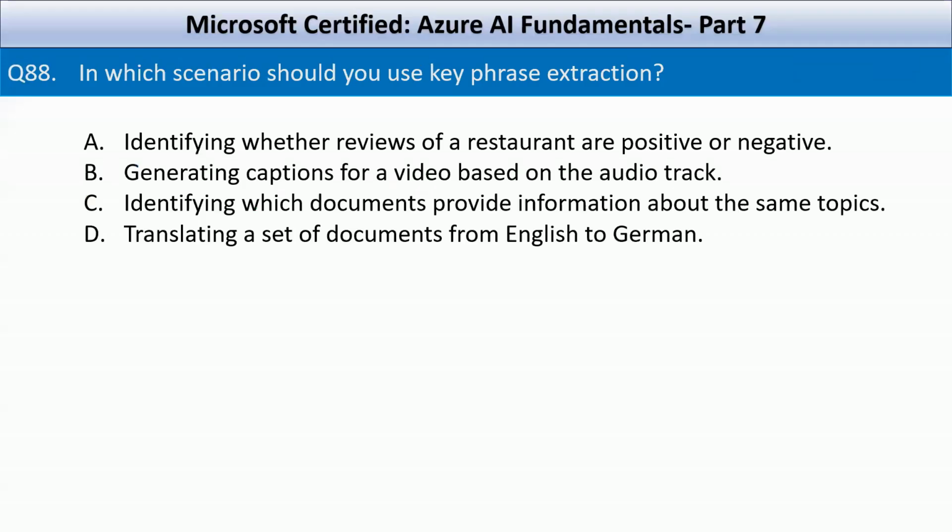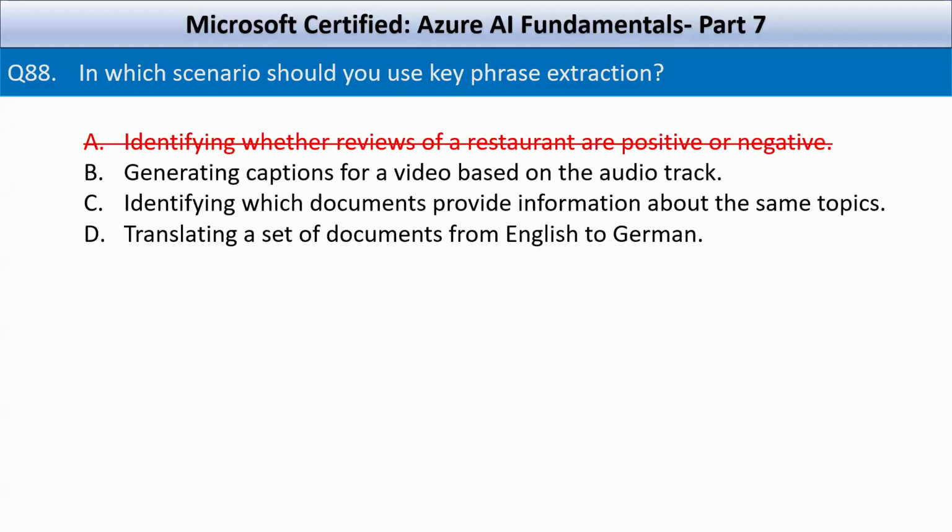Let's look at question number 88. In which scenario should you use key phrase extraction? Identifying whether reviews of a restaurant are positive or negative, generating captions for a video based on the audio track, identifying which documents provide information about the same topics, translating a set of documents from English to German. Folks, you should use sentiment analysis for identifying positive or negative reviews.